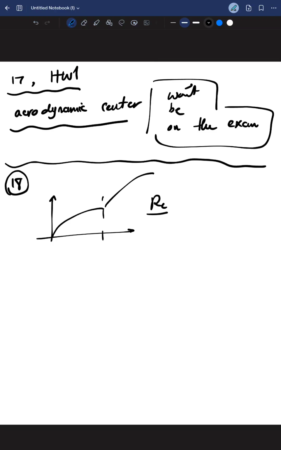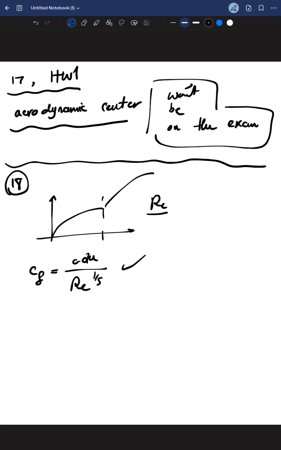And we had for friction coefficient, for example, for the fully turbulent case, this equation: 0.074 divided by Reynolds number to the power 1/5. Just have to do the calculations and find the friction coefficient.